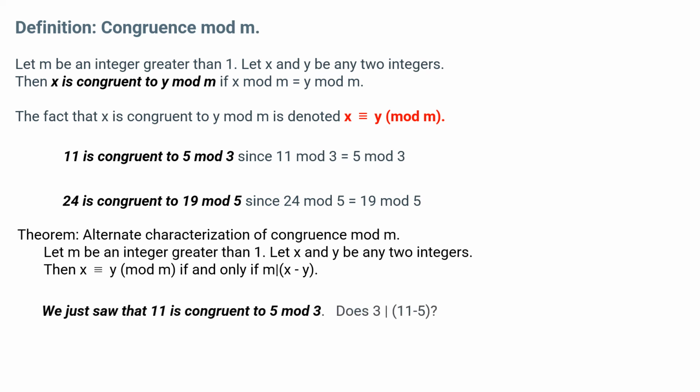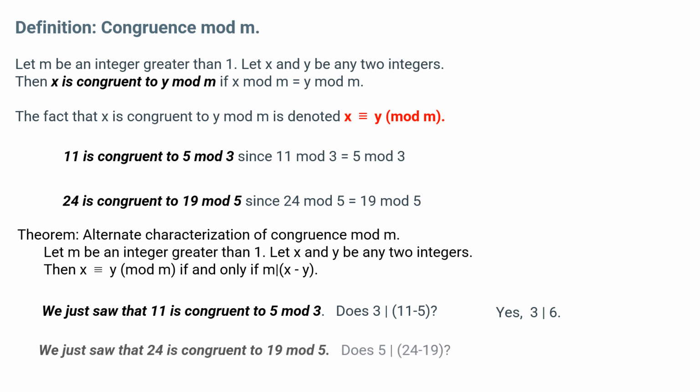Okay, let's look at an example. We just saw that 11 is congruent to 5 mod 3. So this alternate characterization says that if that's the case, then 3 would divide the difference. So 11 minus 5 is 6, and 3 does divide 6. So we see that it works. Here's another.